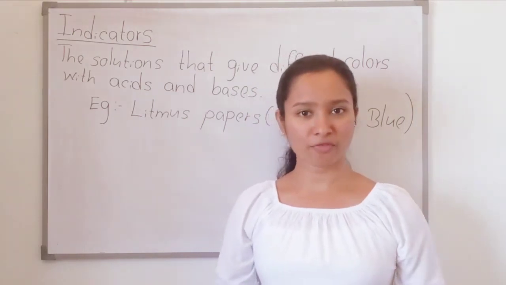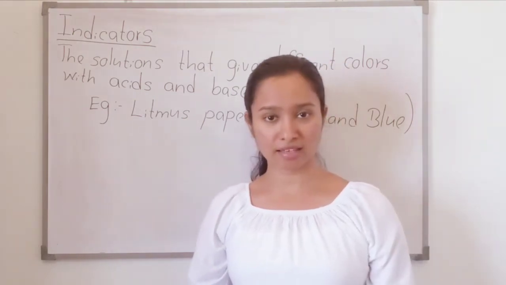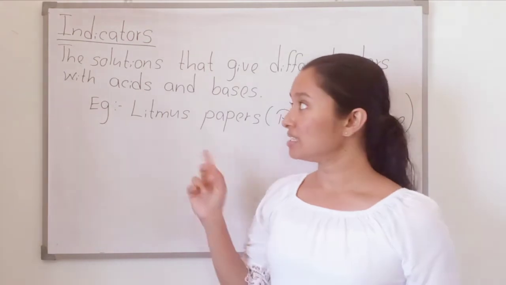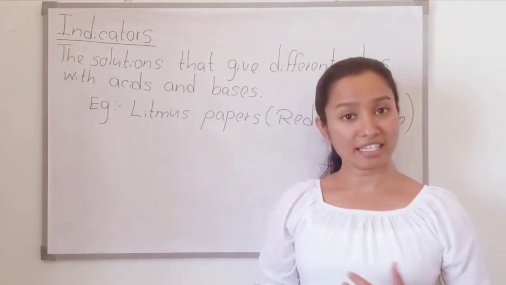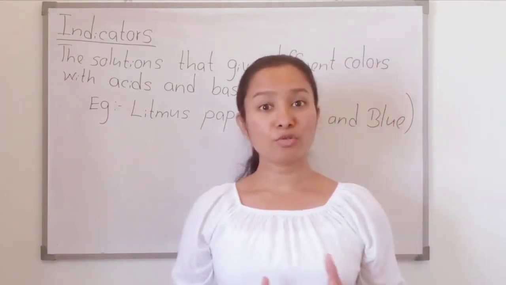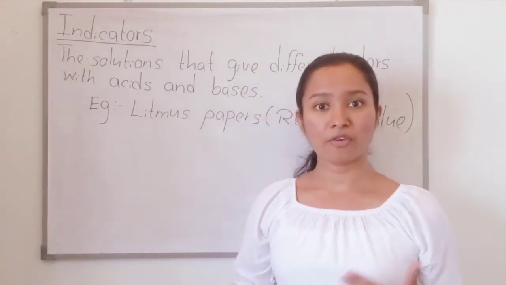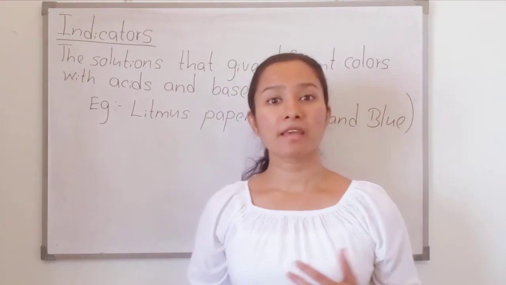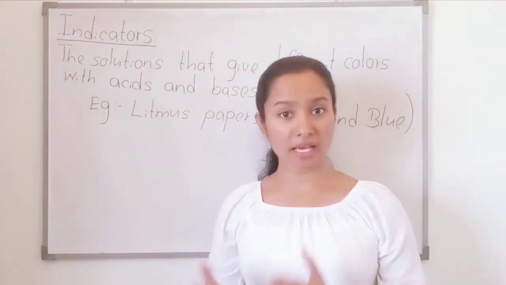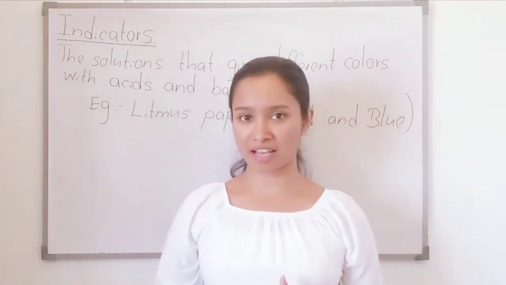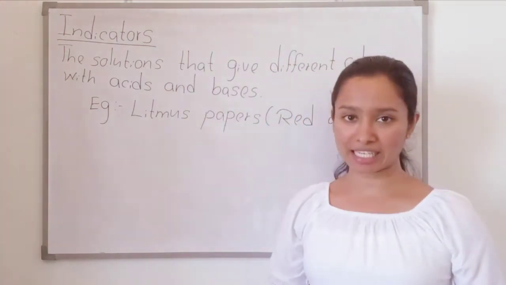So we can identify acids and bases. Also, the colors of these indicators do not change when they are placed into neutral substances. So we can identify acids, bases and also neutral substances by using these indicators.